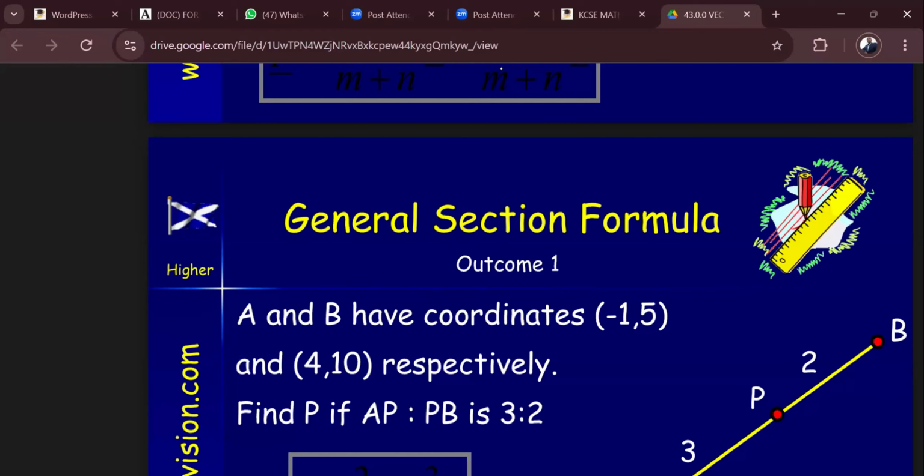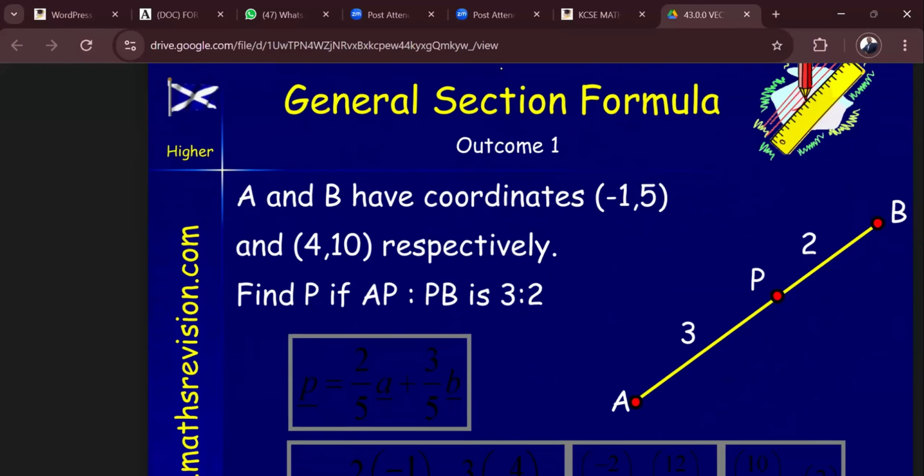You see we have been given A as negative 1, 5, and B. Here, below of course will be 5 on both sides, but above you alternate. If the ratio is given as 3:2, 2 goes to A and 3 goes to B. They are alternating like that. That is the theorem that you operate with.